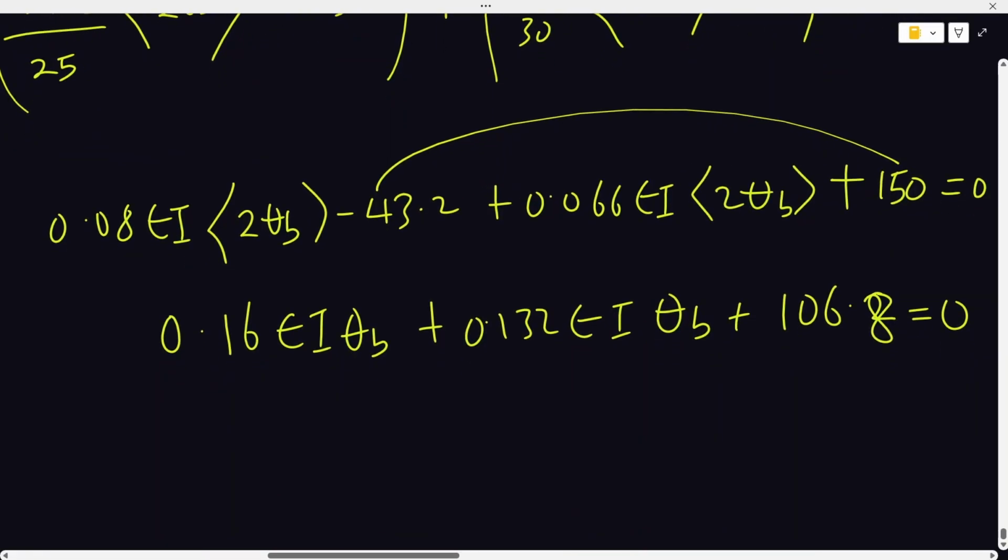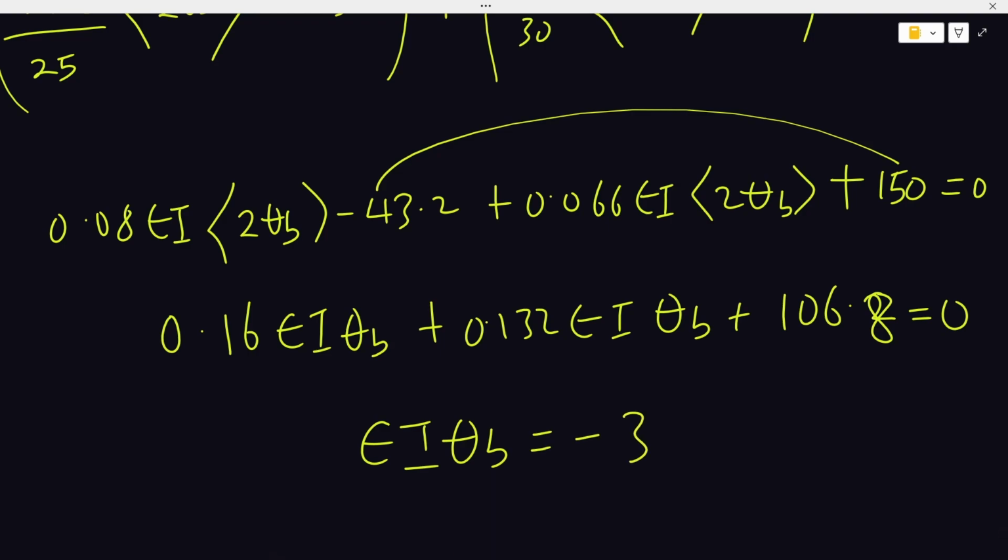So I can say that EI theta B is equal to minus 365.75 kilonewton meter square. Exactly.